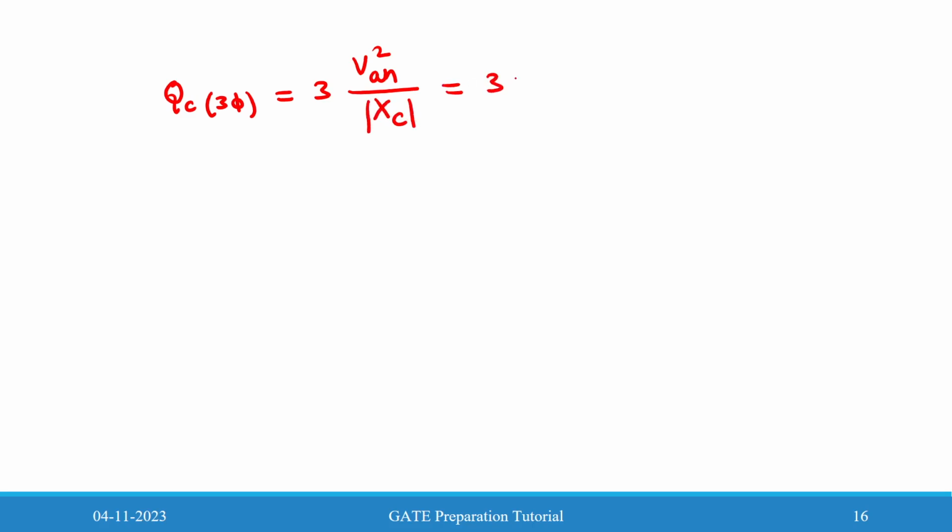So 3, if we take XC on top, VAN square. So put all these values: 3 into 2 pi into 50.